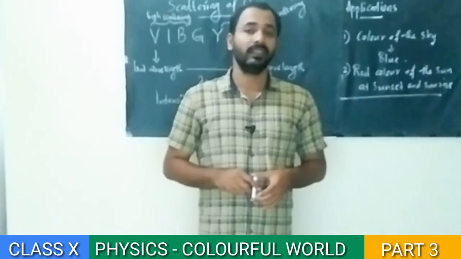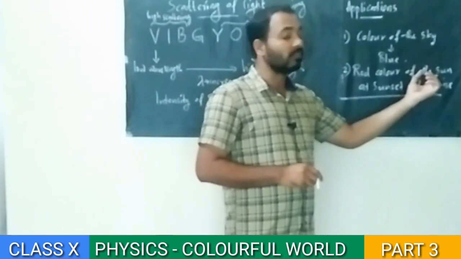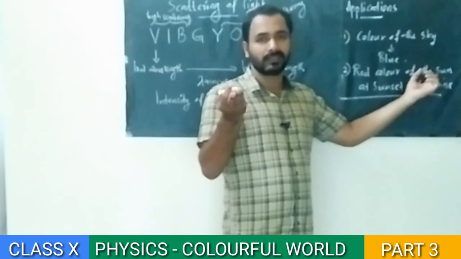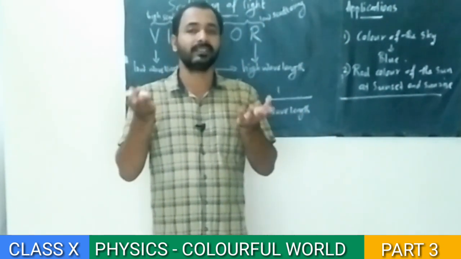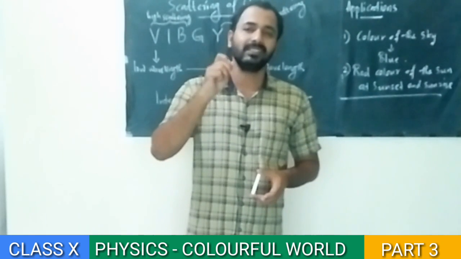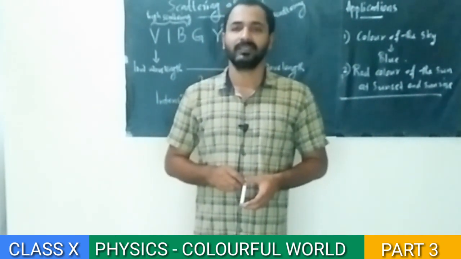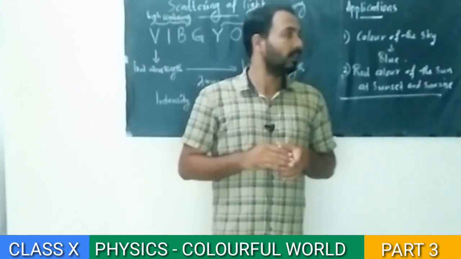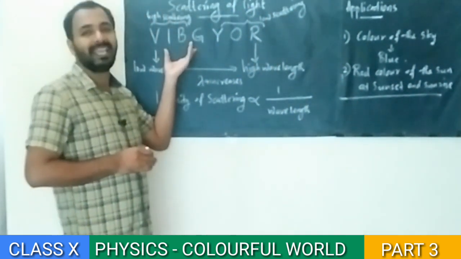Why? At sunset and sunrise, the sun is very far away from us, so light has to travel a long distance before reaching our eyes. So the least scattered color reaches our eyes. Clear? These are the two main applications of scattering of light.